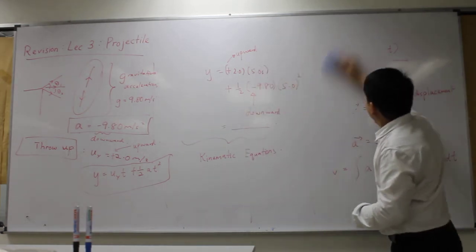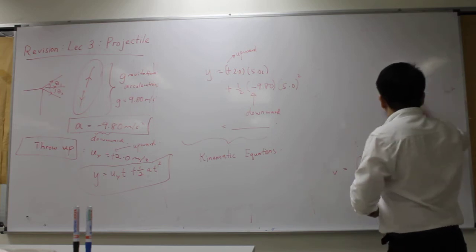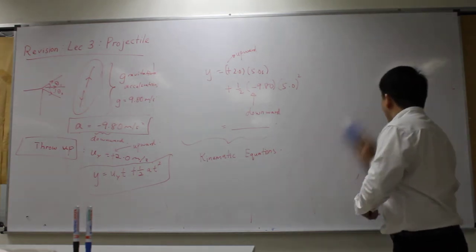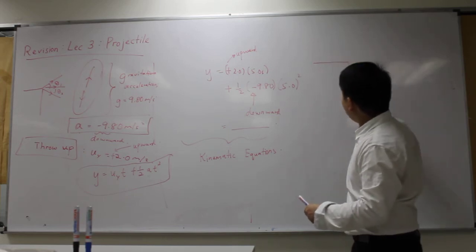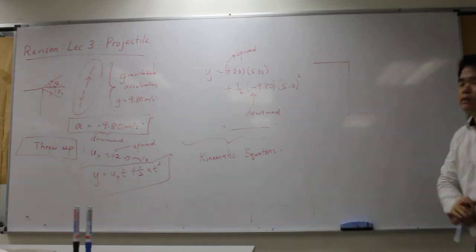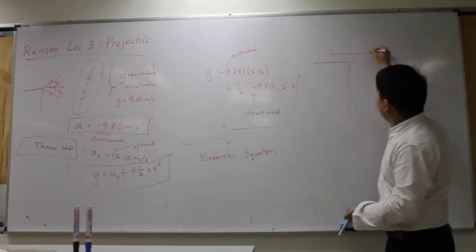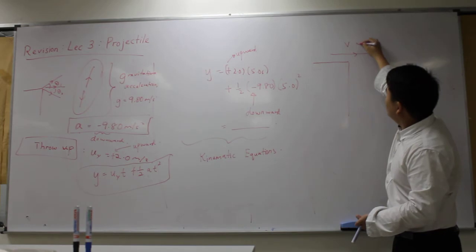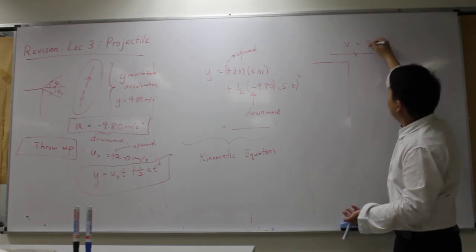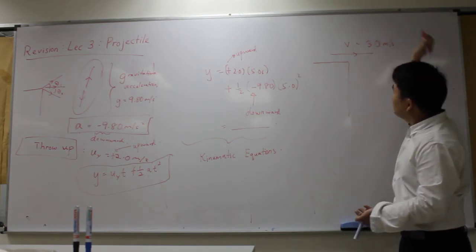That means that either you can throw it down, upward, or horizontally. For example, a simple example first. If I throw it horizontally like this, initially there's a V here, which I simply put as maybe 3.0 meters per second.